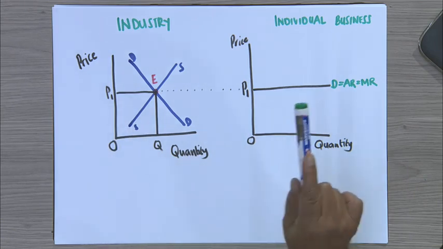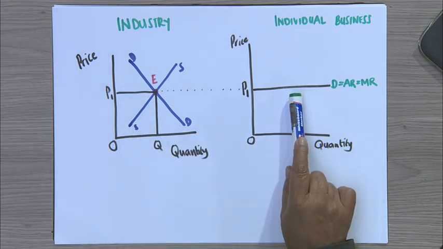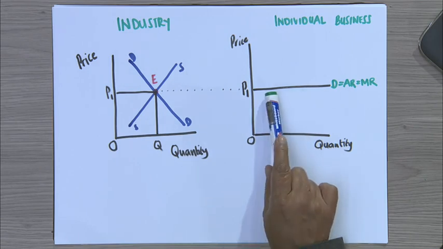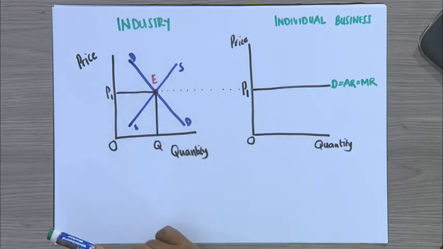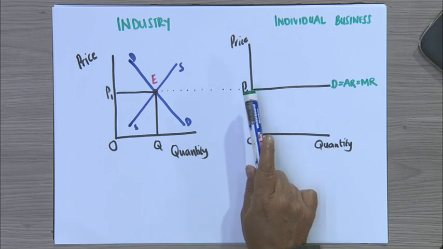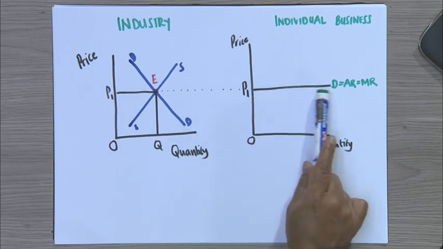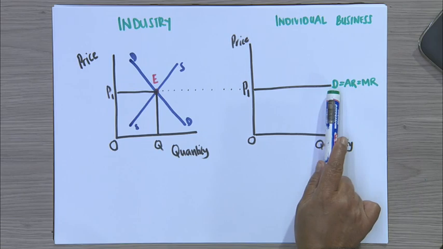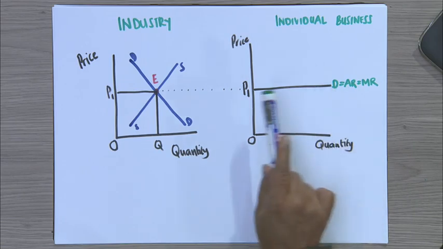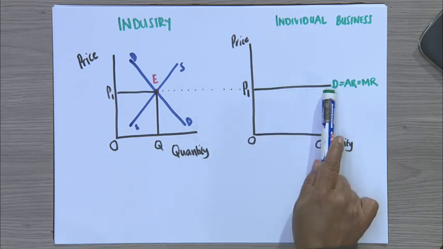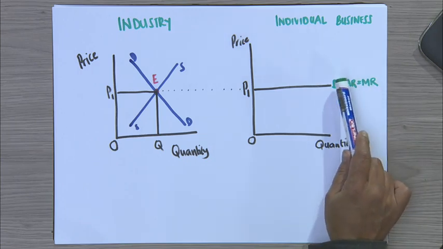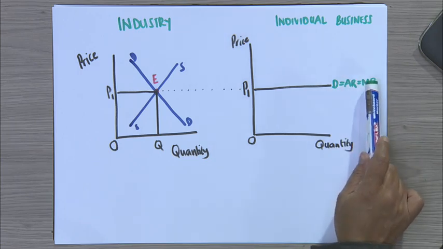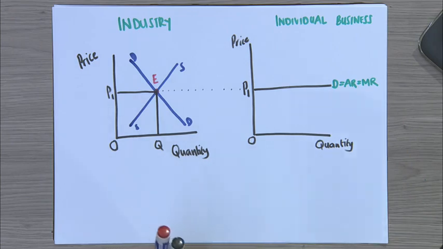That is the price which the individual business has to take, because this is the price that was set by the market. So therefore, your demand curve is horizontal. So that means it's a perfectly elastic demand curve, and this will then also be your average revenue as well as your marginal revenue curve.